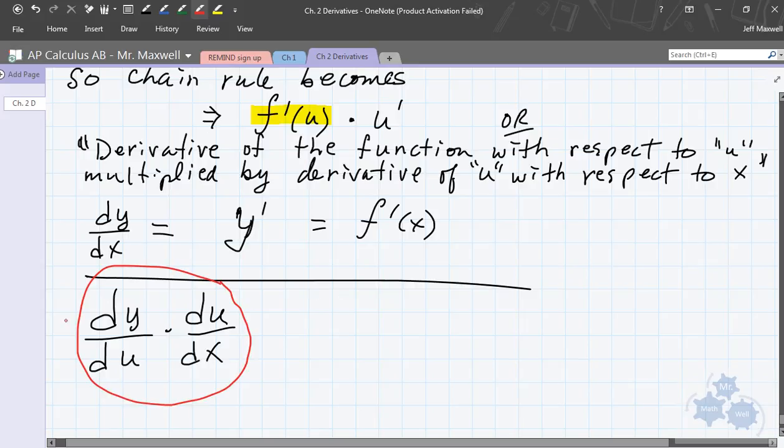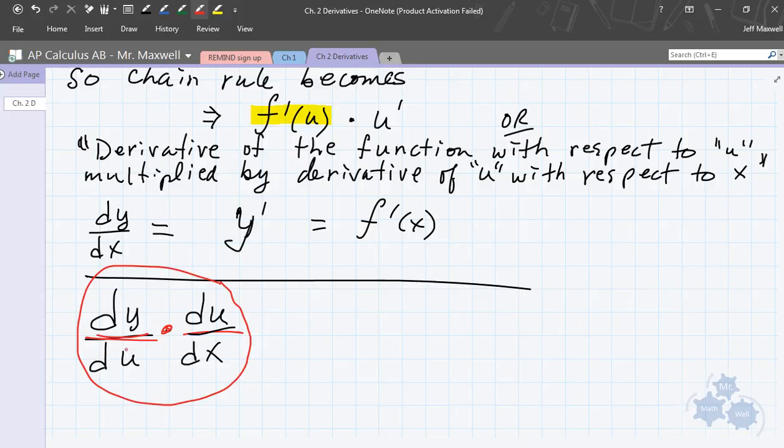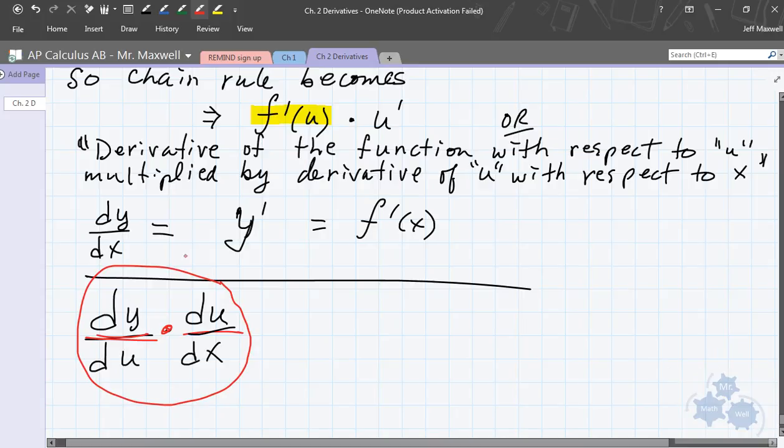It's important to note that this is not a quotient, okay? This is multiplying, but this is really not a quotient. It doesn't really make sense to do derivative of y as an entity on its own and then divide by derivative of u. That doesn't make sense. That's not what we're talking about. But on the other hand, it is helpful for us when we're doing math and when you get into higher levels of differentiation, and related rates maybe even, that we're going to do later, then it is helpful to view it like this.